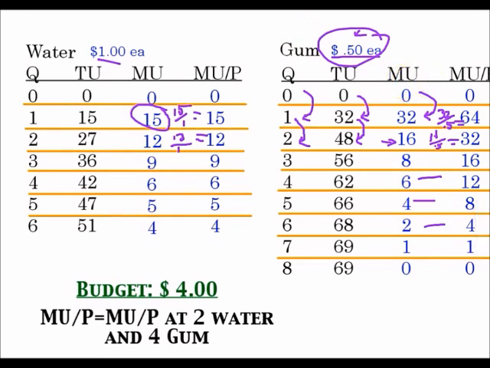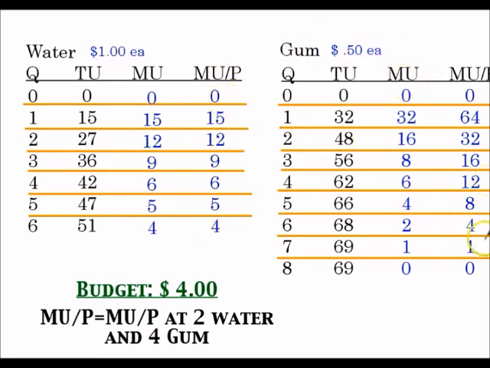Once we've calculated the marginal utility over price of our two products that we are assessing, the next thing we want to do is we want to take a look at when they equal one another. So if you take a look at the MU over P column of water and the MU over P column of gum, we want to find when they match up. So we have a 12 here in water and a 12 here in gum. We also have a 4 here in water and a 4 here in gum.